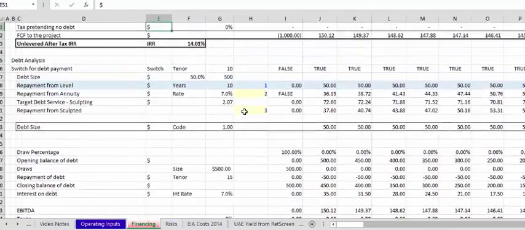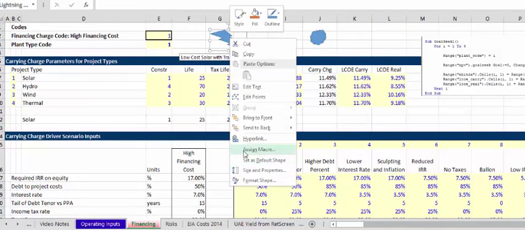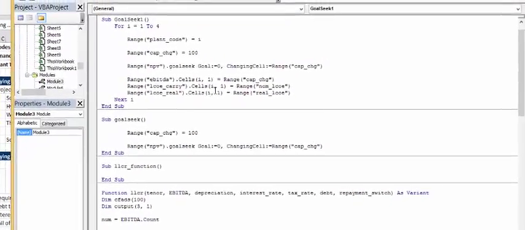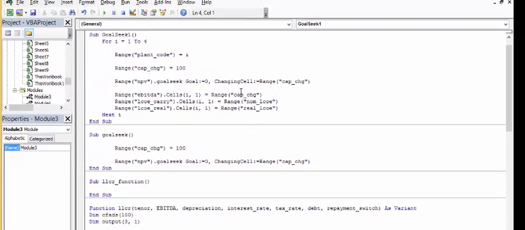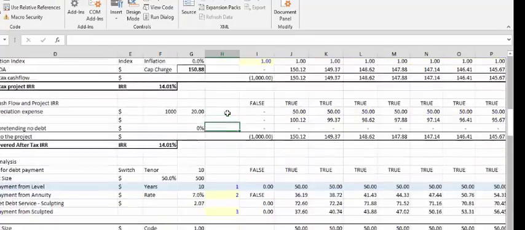So that's an introduction to this. If you want to look at the goal seeks, it's really not very difficult. It's just a series of goal seeks, and we just plop the resulting levelized cost formulas into the goal seek.